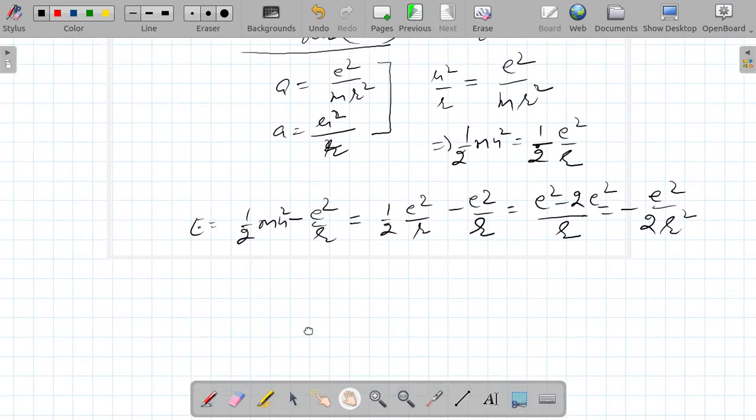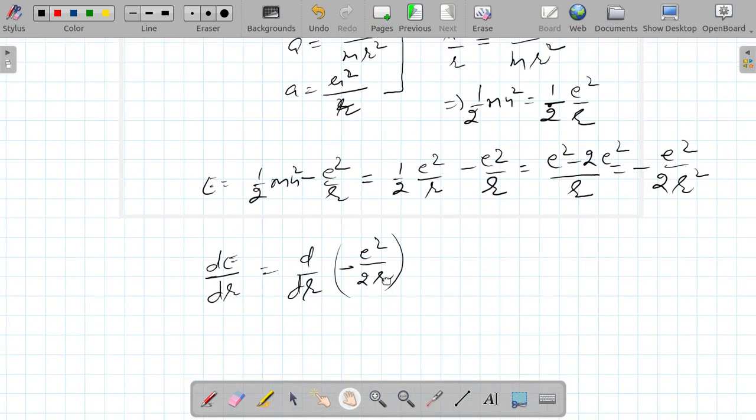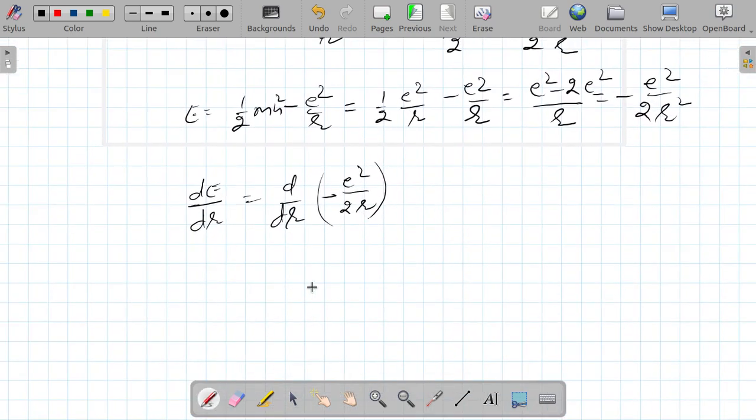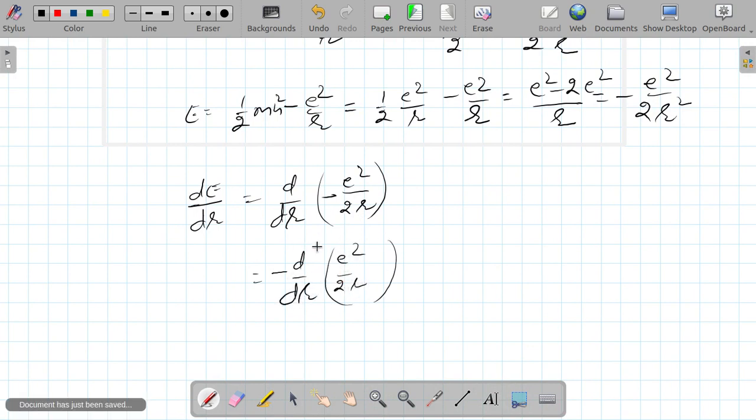dE upon dt, meaning the radiation loss for the electron proton system, is d upon dr of minus e square by 2r, and is equal to minus d upon dr of e square by 2r. It can be taken outside.